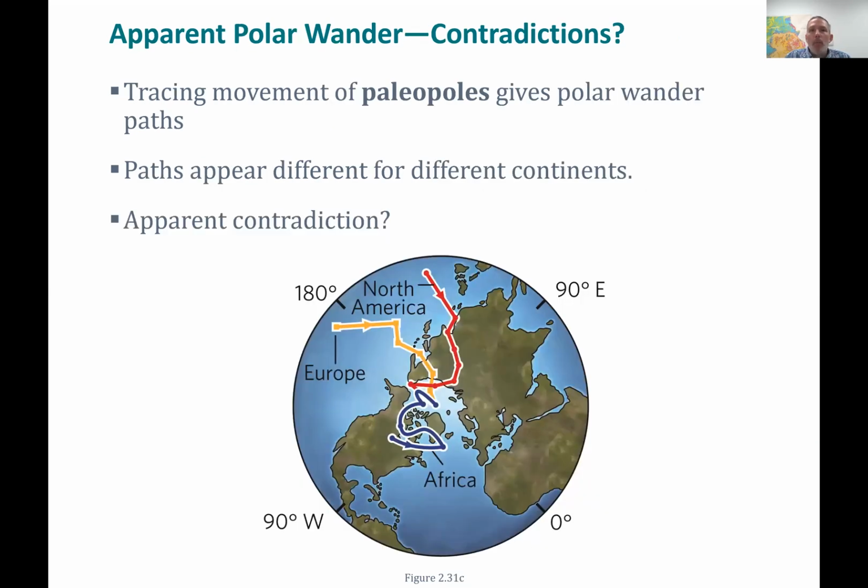Now, if we start looking at the iron crystals that are in different rocks in North America, it points to the red line here. And if we take a look at the rocks in Europe, it points to the yellow line, the dark yellow, light orange color. And so they're pointing to different spots. Well, we know North Poles always point to the same location.